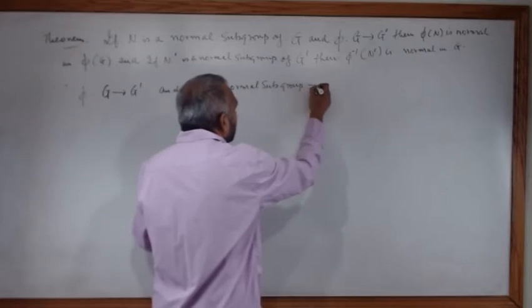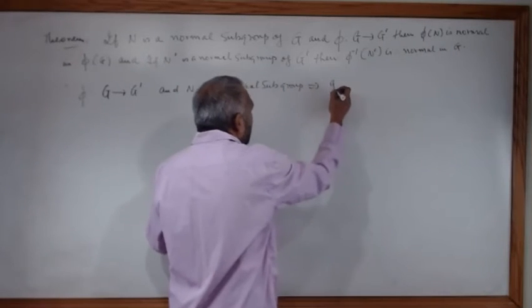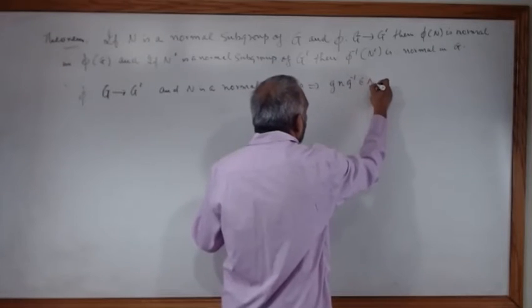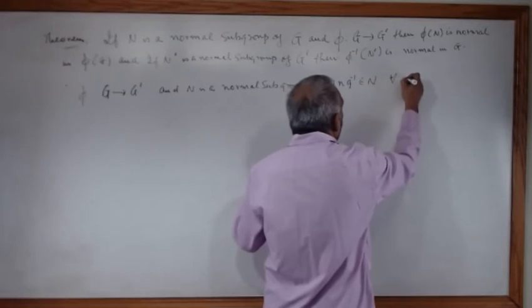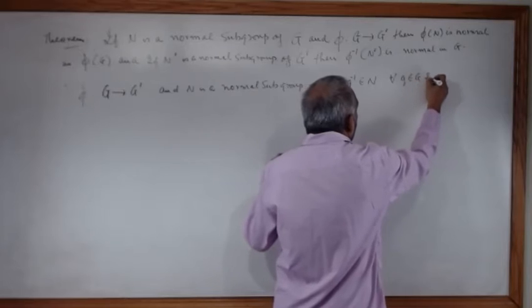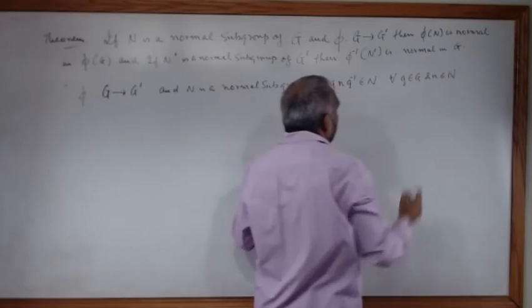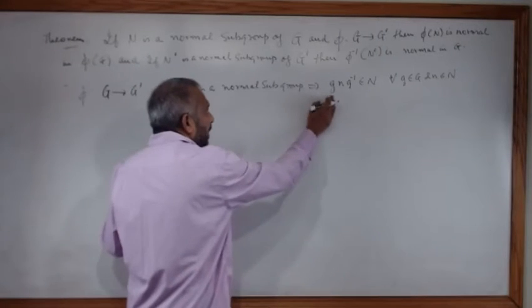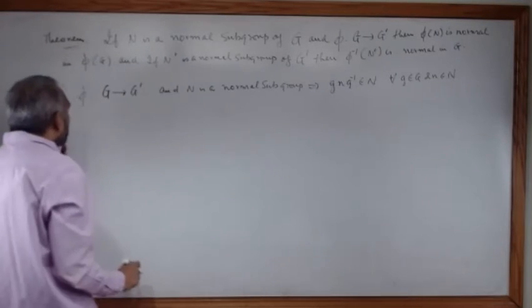And that implies g n g inverse belongs to N for all g in G and n in N. And that is a necessary and sufficient condition for a subgroup to be normal.